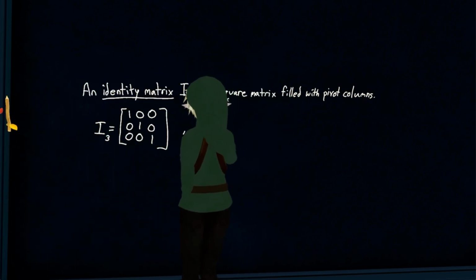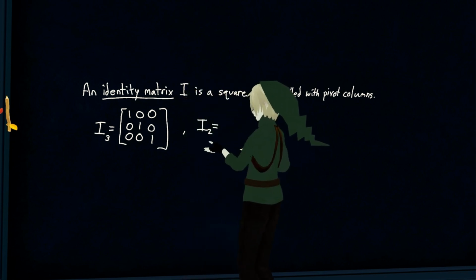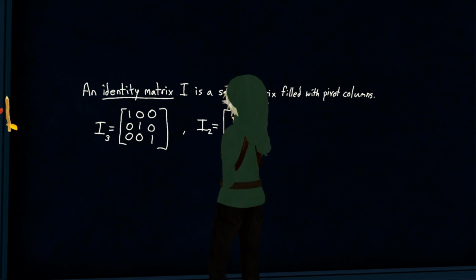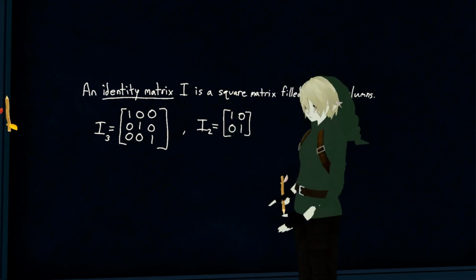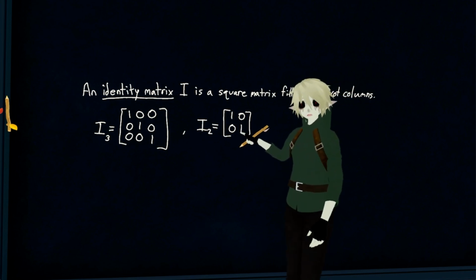If it says I2, then it's a 2x2 matrix, and you would write it like this. Okay, that's an identity matrix.